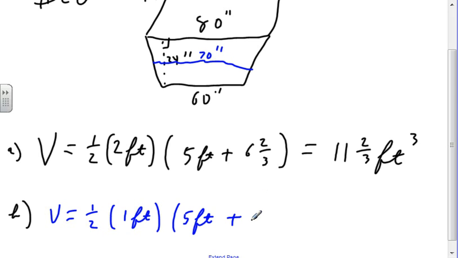So 70 divided by 12 is going to be 35/6 of a foot.